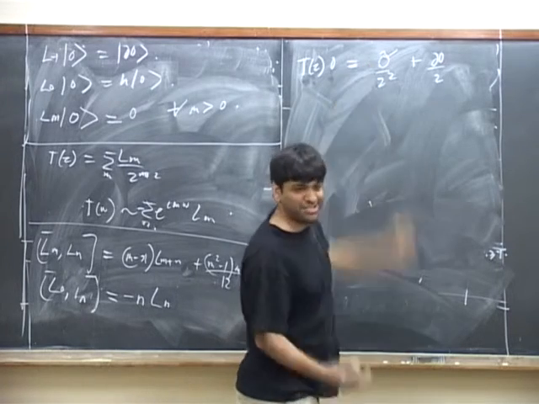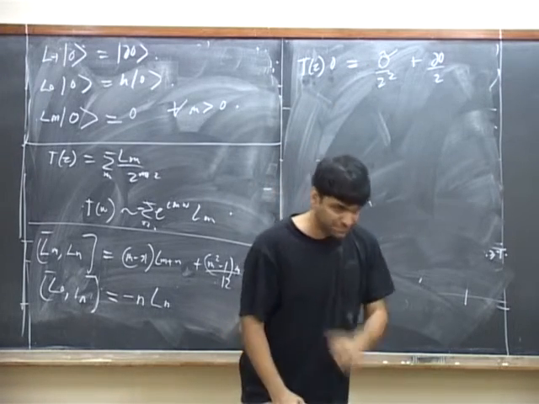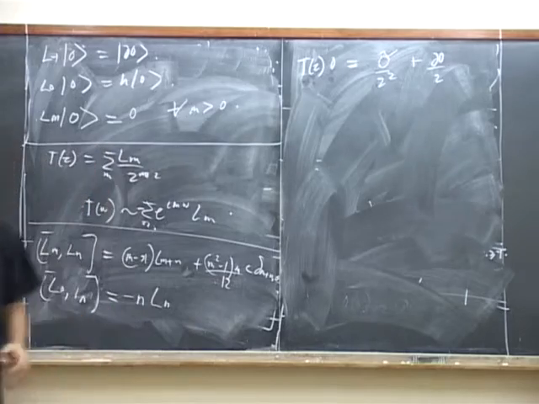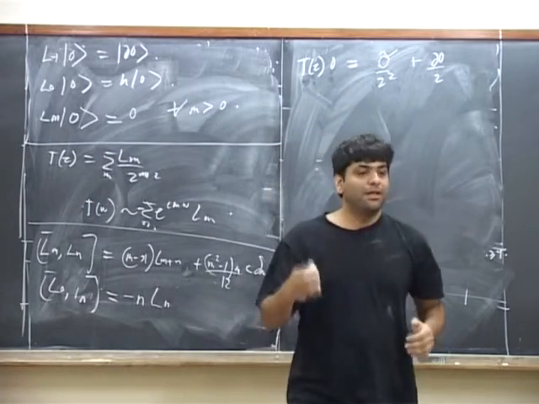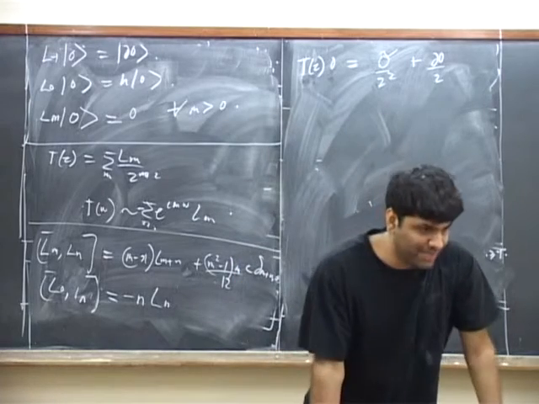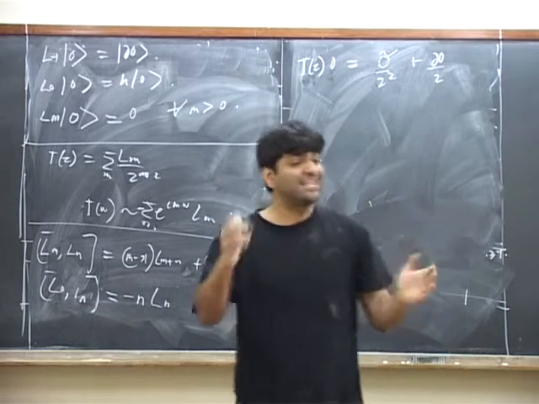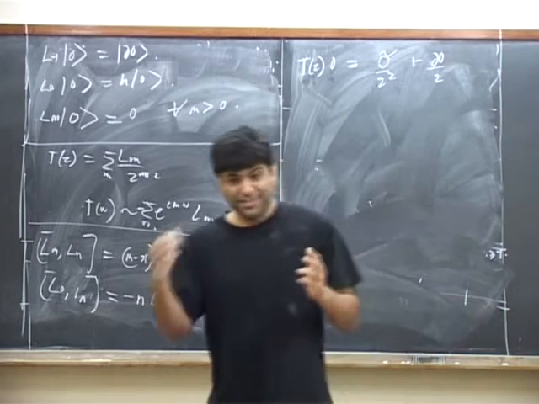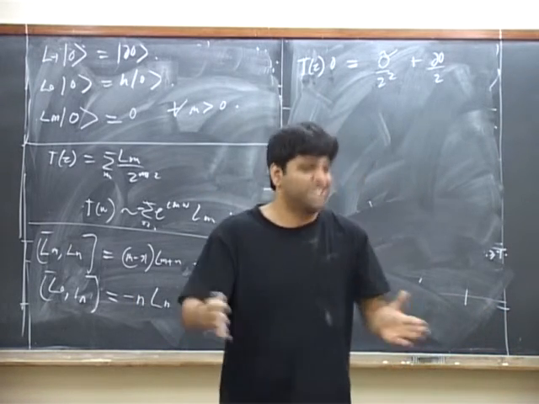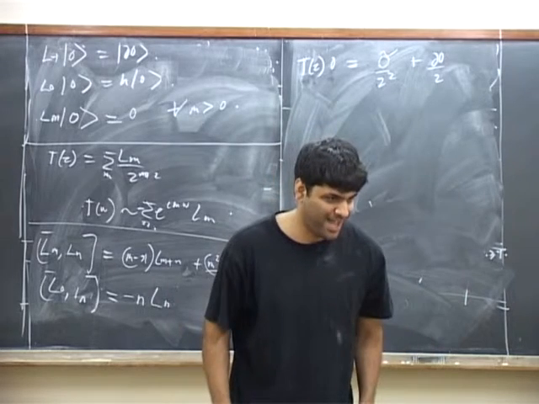So O tilde has to have the same dimension as O. The state corresponding to O tilde is some other state in the Hilbert space of the theory with the same energy as O.